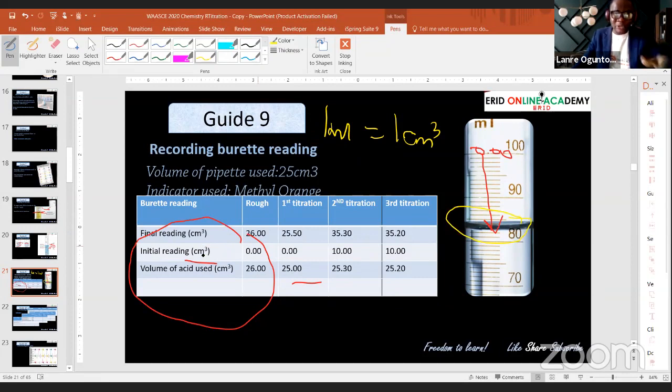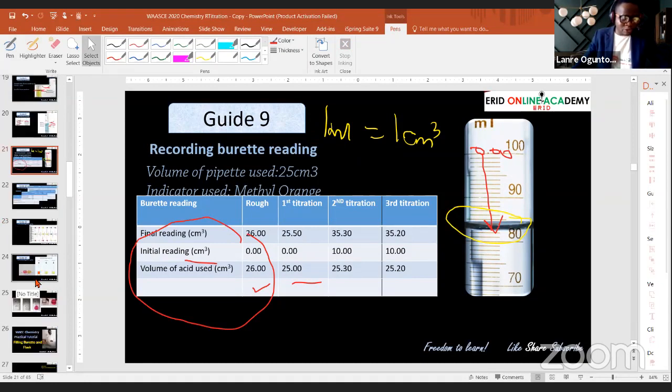So let's assume it is 26. Then that will be my final. So the volume of acid used will be 26 minus 0, and that will give me 26. That is for the rough titer. So we'll repeat the procedure for first, second, and third. You understand that better when I show you the live application.